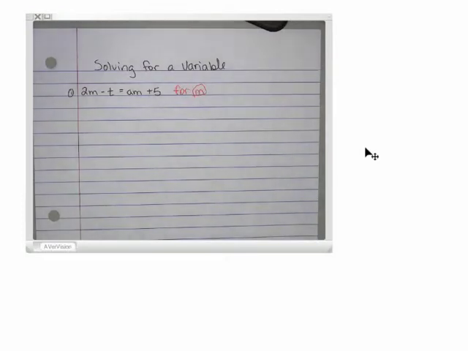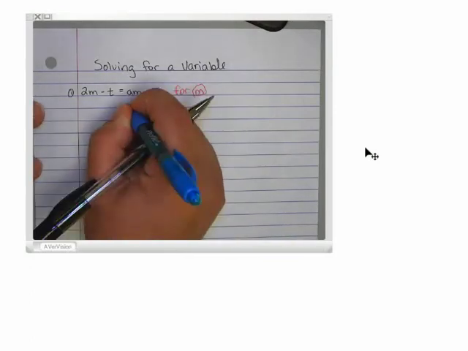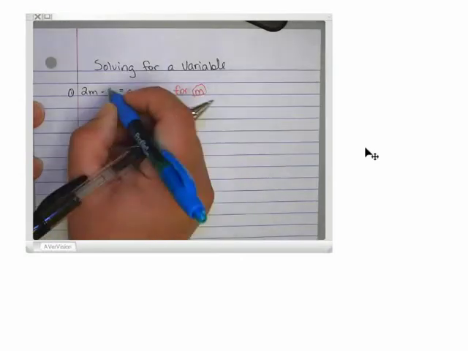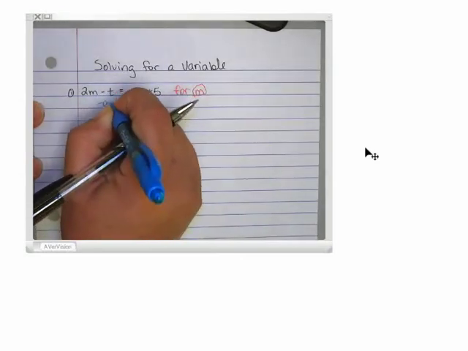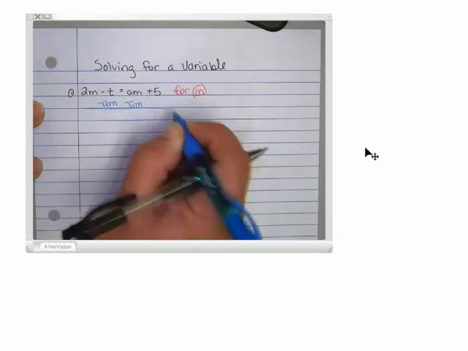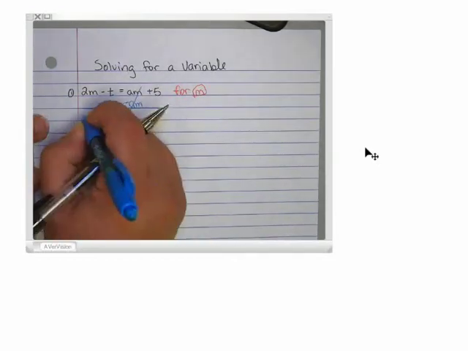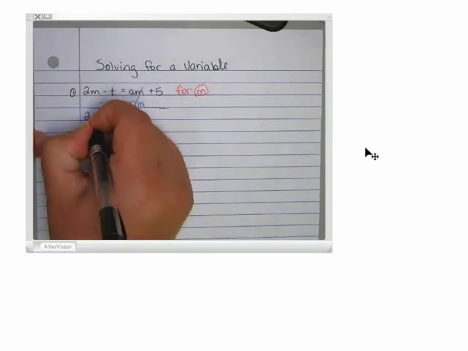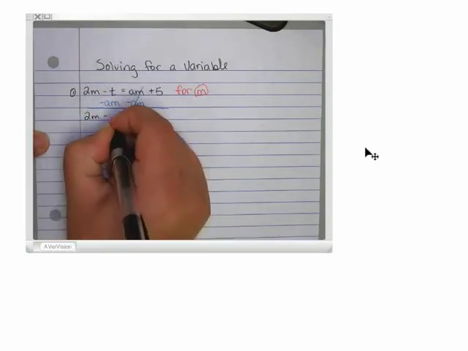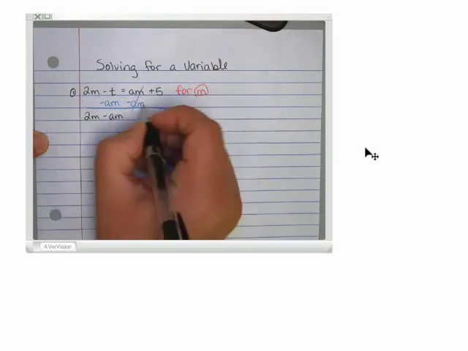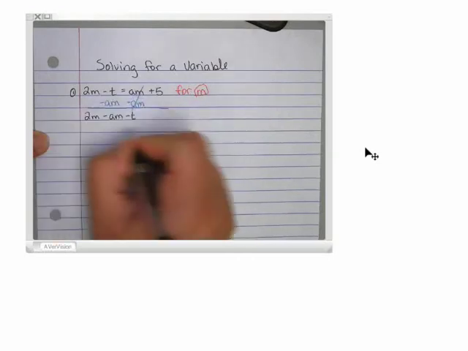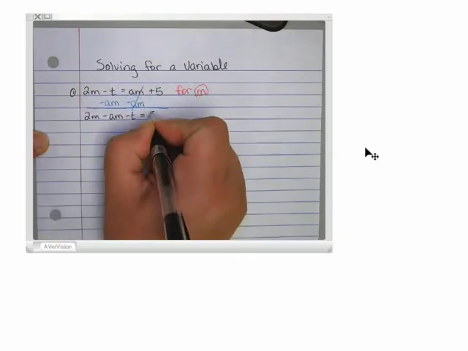First, we need to start by getting them on the same side. So we're going to subtract am from both sides. So it'll cancel over here. So now we have 2m minus am minus t all over here, and all we have on this side is the 5.